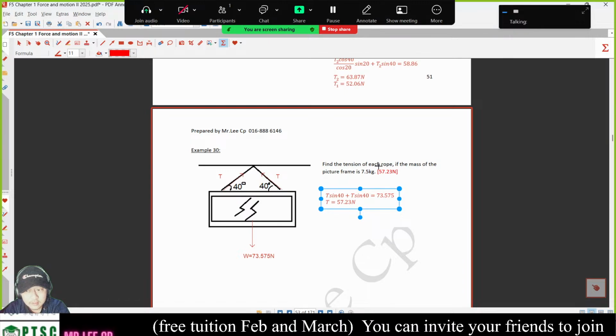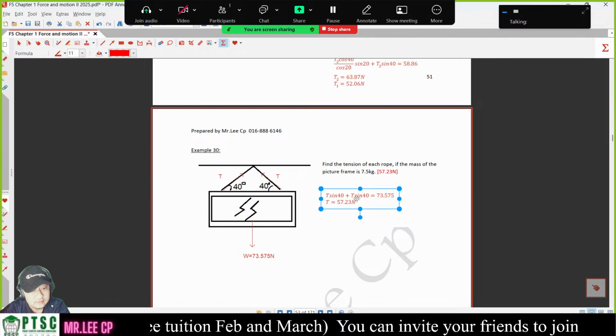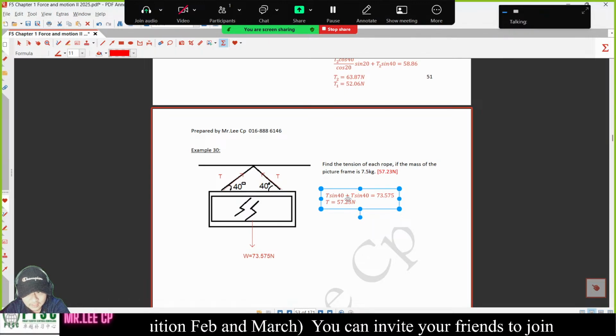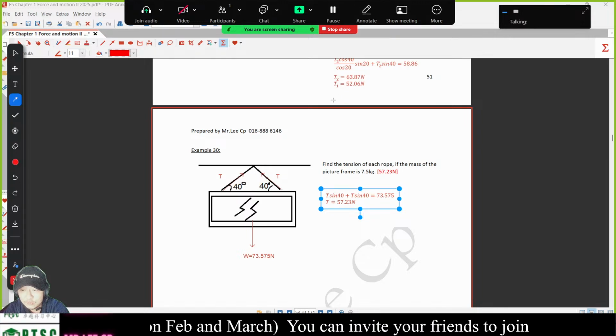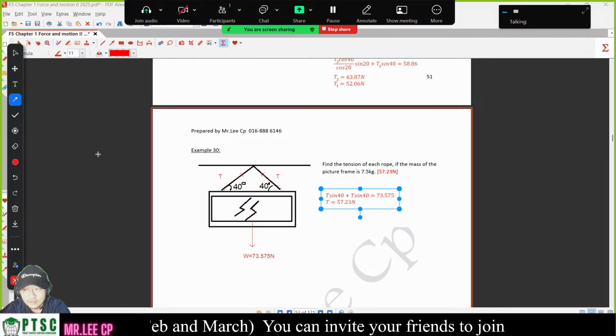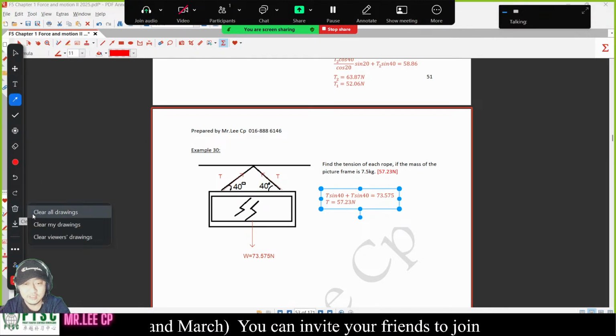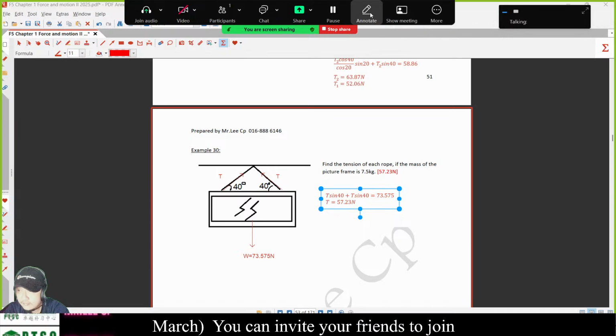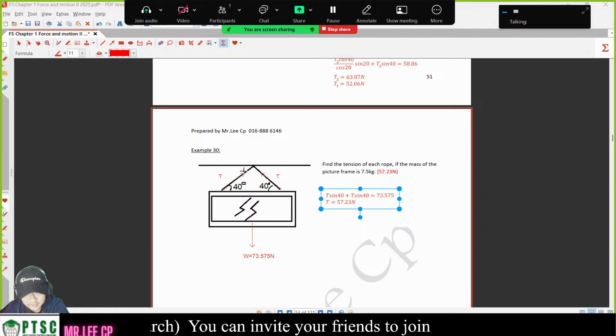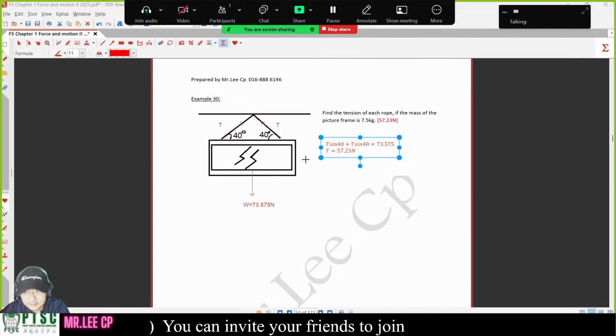Okay, this is the answer, right? So you see, I do 2 steps only to get the answer. If you want to use triangle, never mind. I'll do the triangle later. Is that okay? Yeah.